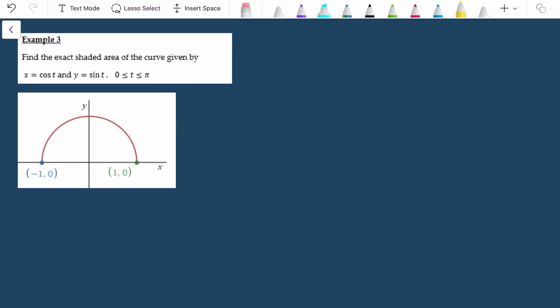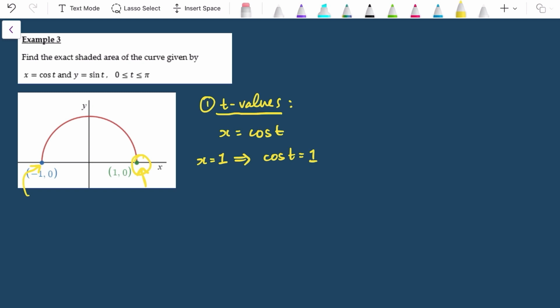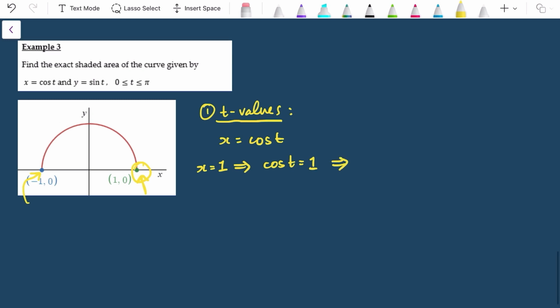So, as always, we are going to find our corresponding t values for here and for there. So I have that x is equal to cos t. When x is equal to 1 here, I have that cos t is equal to 1, which gives me, well, I know that the arc cos of 1 will be 0.